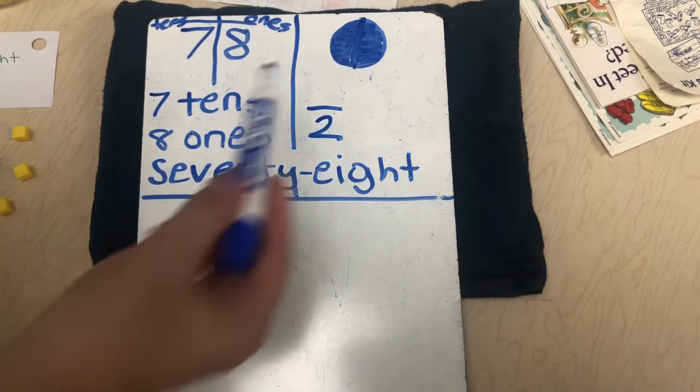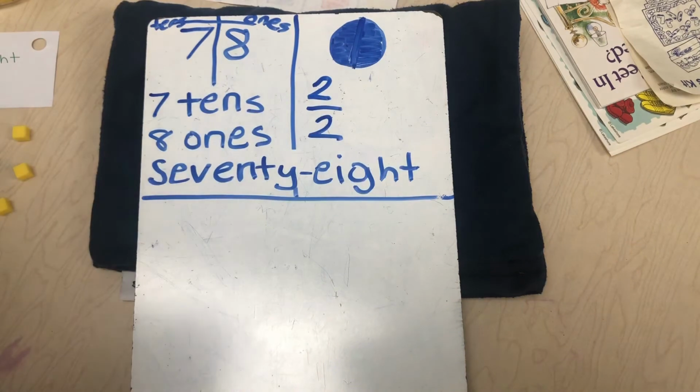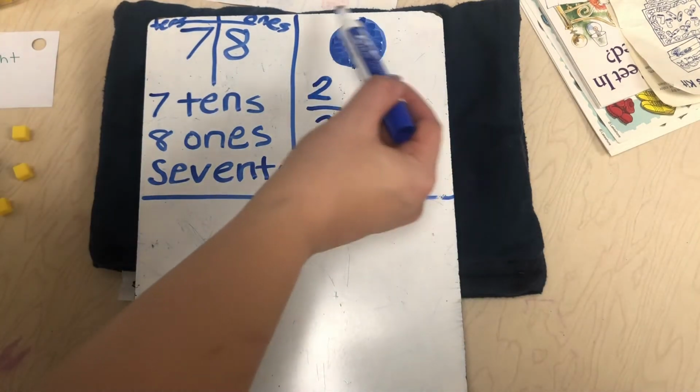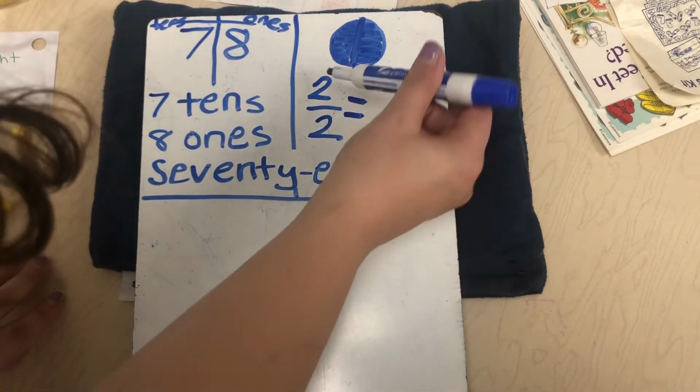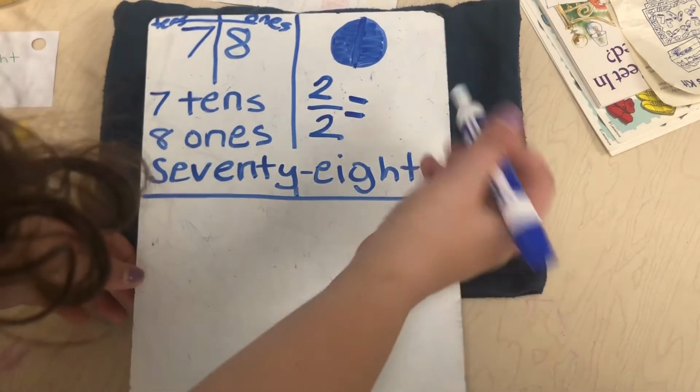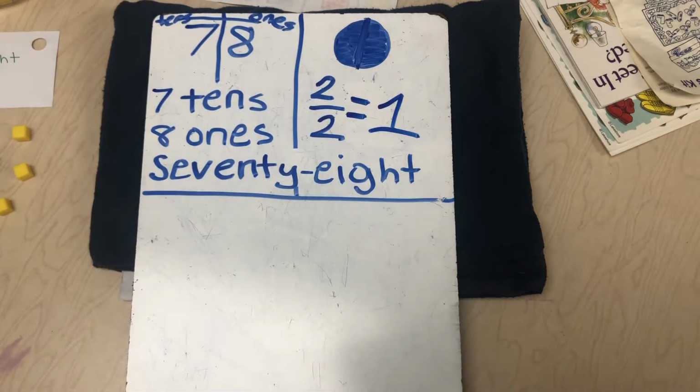And they would say 2 because you shaded in 2. So when you shade in the 2 pieces, all you have to do is look at this and go, okay, we shaded in the whole circle. So whenever you shade in the whole circle, that equals a whole. So that is just 1. That is 1 whole.